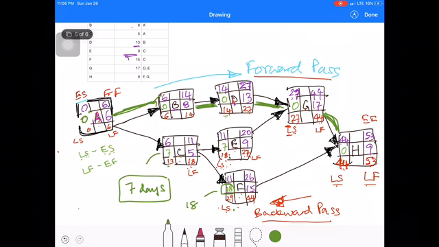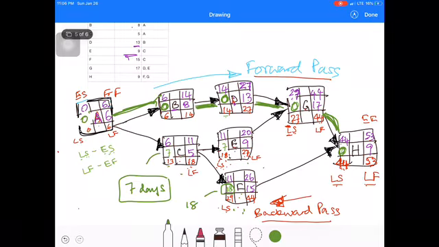Likewise, there are some activities with floats. Those activities are not critical. But when the activity float is 0, these activities are critical.